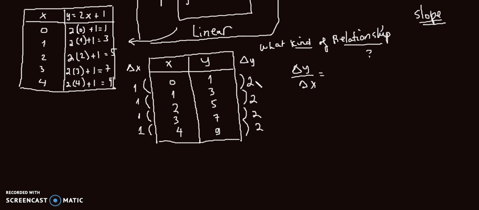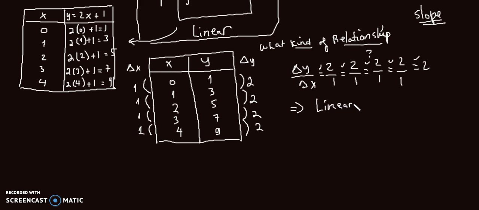The first pair is 2 divided by 1, 2 divided by 1 again, and again 2 divided by 1. So actually, these are equal to each other, and it's constant. So from this alone, we can conclude that this is a linear relation.